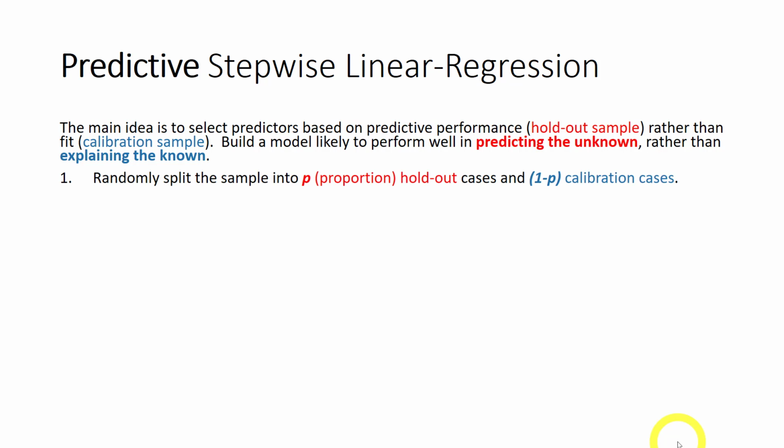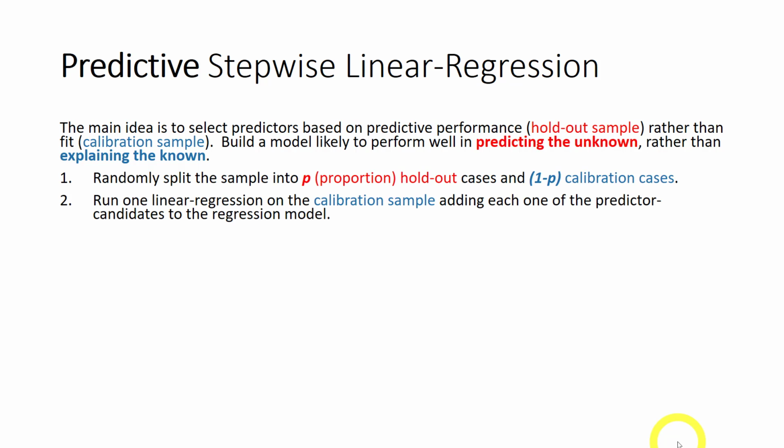First step is to randomly split the sample into p proportion holdout cases and the remainder keeping the calibration sample. So we're going to split our data into a holdout sample and a calibration sample, and that is done randomly. Then we run one linear regression on the calibration sample, adding each one of the predictor candidates to the regression model. At the very beginning, we run one linear regression using each one of the predictors calibrated in the calibration sample.